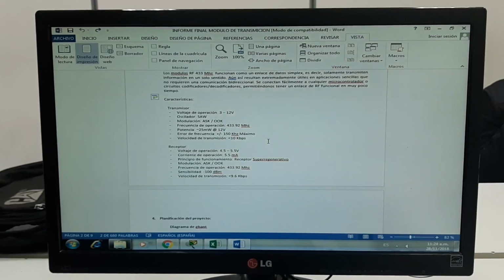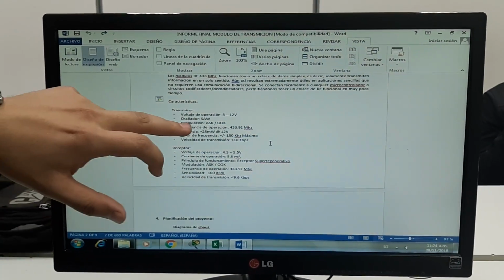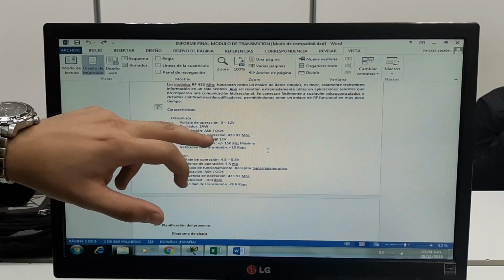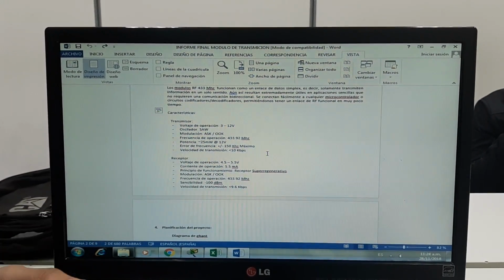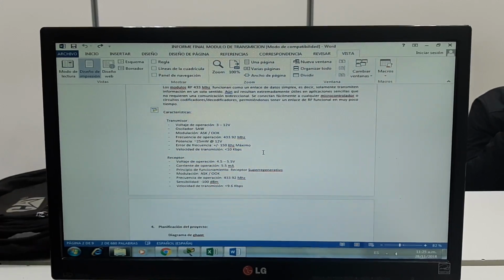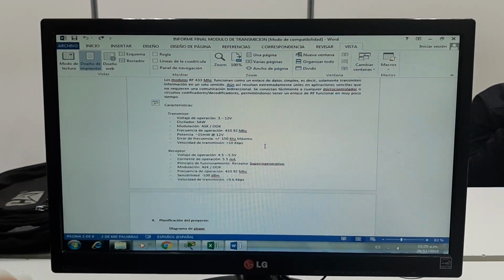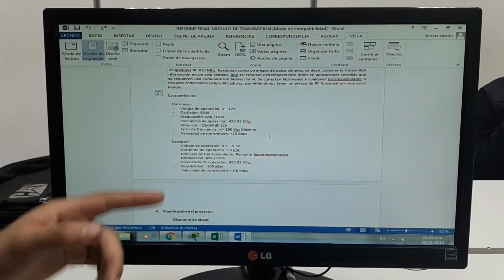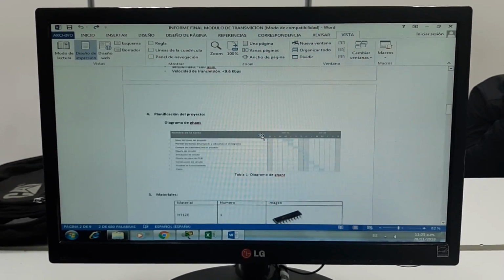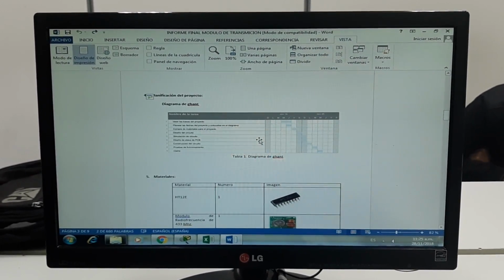As I said before, we are using ASK modulation, also known as OOK. That is the same but the most simple modulation. It's like binary but in the most simple form. Same here. And then we start with the presentation of our Gantt diagram.